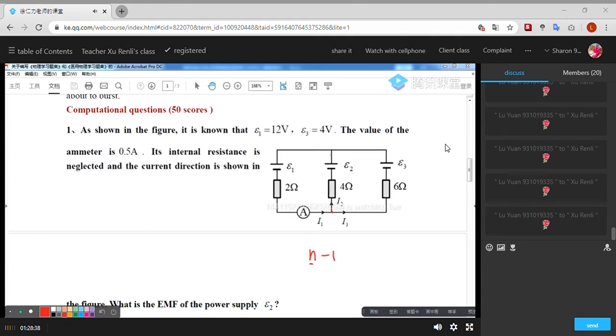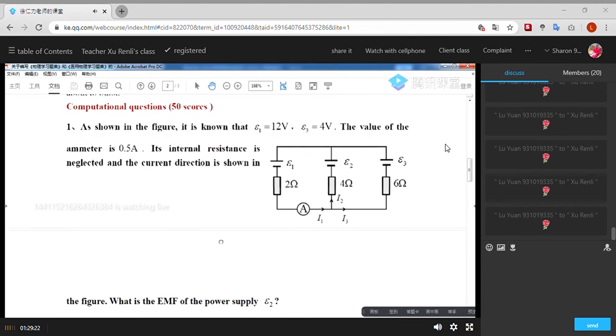Here the number of junctions is 2, so we have only 1 equation. For Kirchhoff's voltage law, the number of independent equations equals the number of independent loops, here 2. 1 plus 2 is 3, and we have 3 variables, I3, I2, and epsilon 2, so we can solve them.